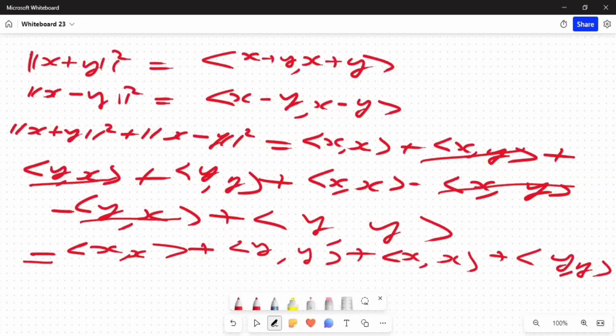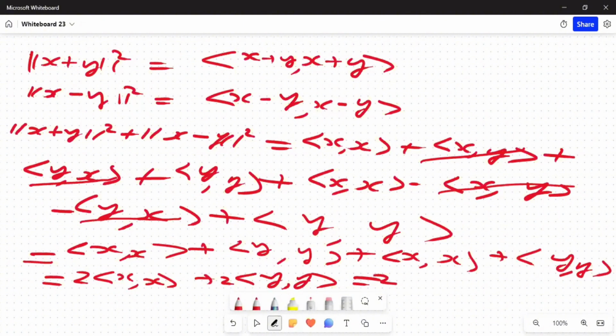Is it not? So this plus this is twice, which is 2 times the inner product of x comma x plus 2 times the inner product of y comma y. Which is equal to what? Which is equal to 2 into the norm of x all squared plus the norm of y all squared.